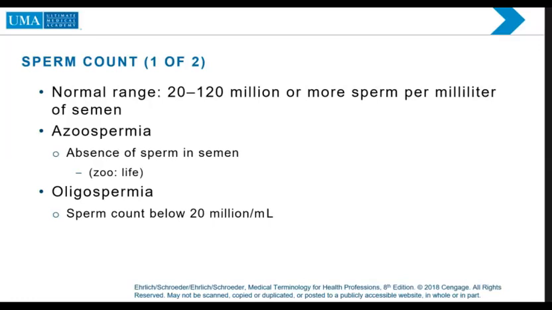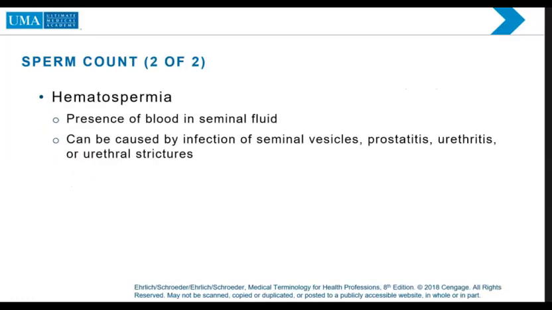Oligospermia is a sperm count below 20 million per milliliter. Hematospermia is presence of blood in seminal fluid and can be caused by infection of the seminal vesicles, prostatitis, urethritis, or the urethral structures.